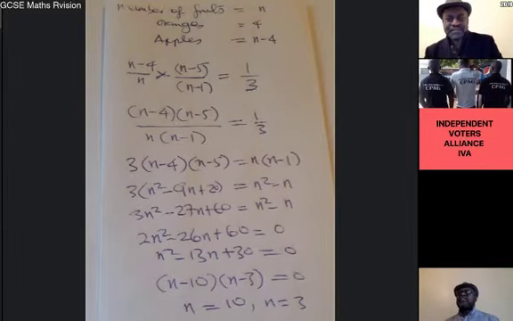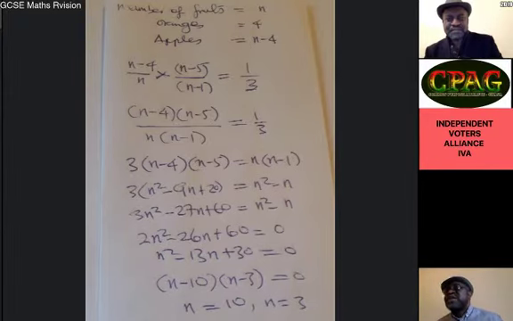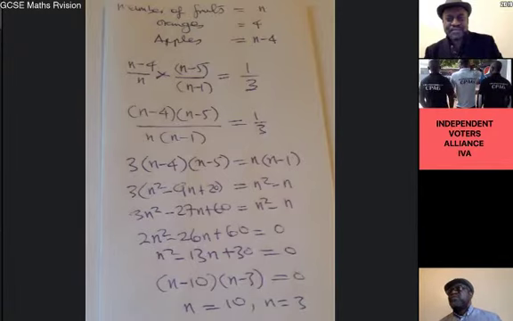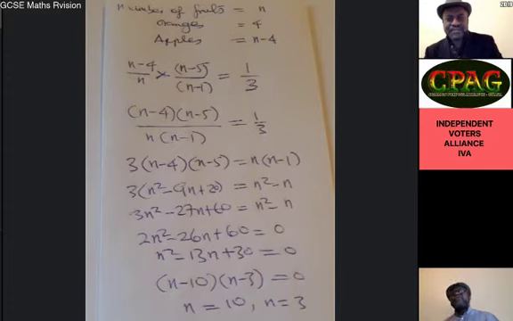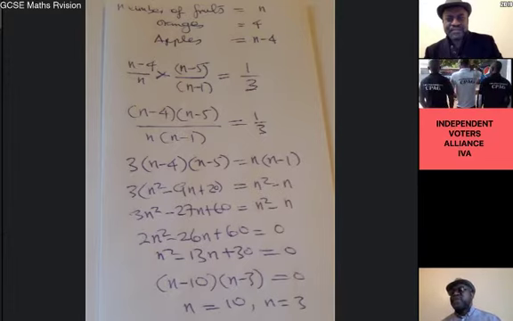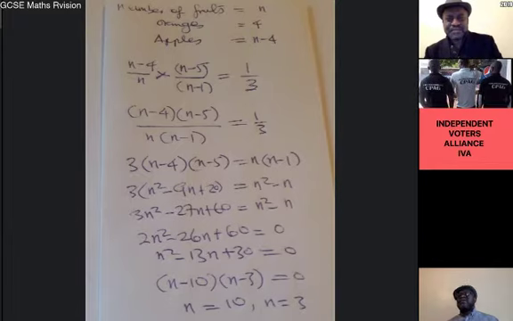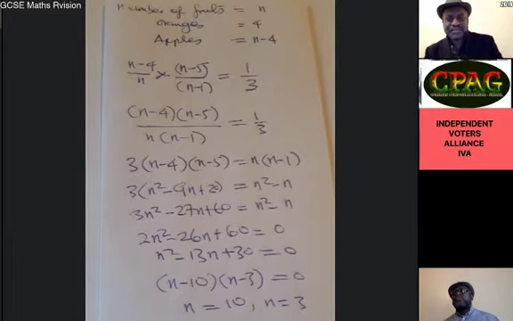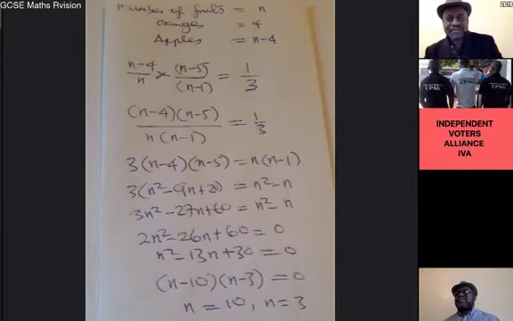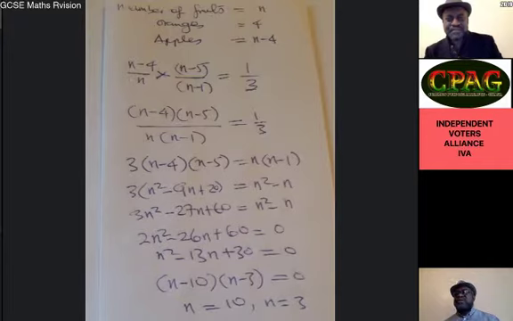But when you're going to take the second piece of fruit from the bowl, the number of apples left will not be n minus 4 anymore, because you've already taken one apple out. So the number of apples left now will be n minus 5, because the apples are less 1 now.